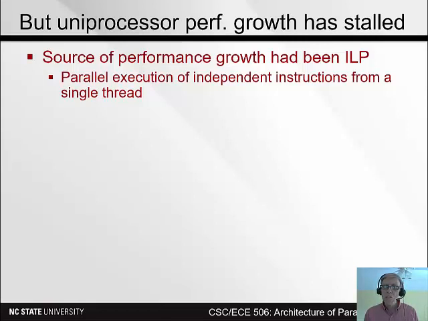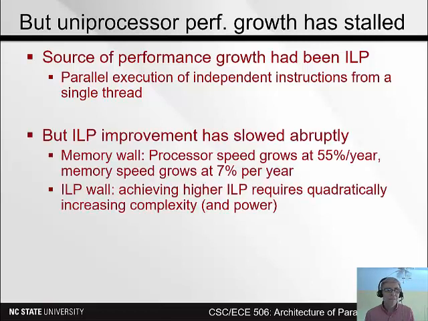Well, in order to determine if the instructions are unrelated, you've got to be able to compare the operands of each one with the results of the other one. And as you try to start more instructions at the same time, you've got to make more comparisons. If you're trying to start 4 instructions at the same time, you've got to compare the operands and results of each of the 4 of them with all the other 3. So the complexity increases rapidly, and that means that we don't have the performance improvement that we used to.